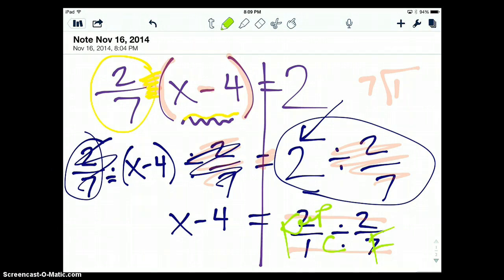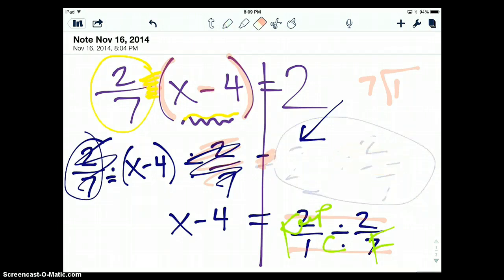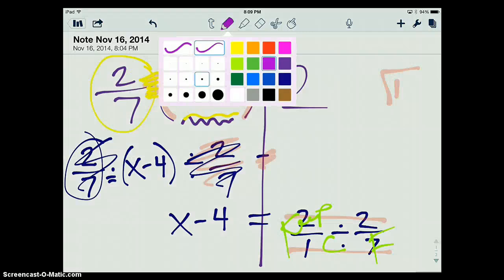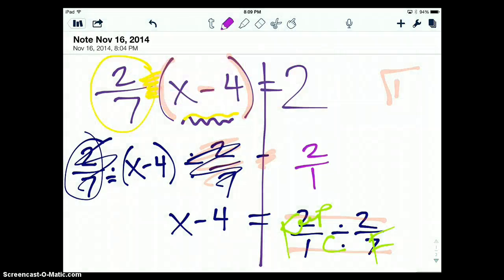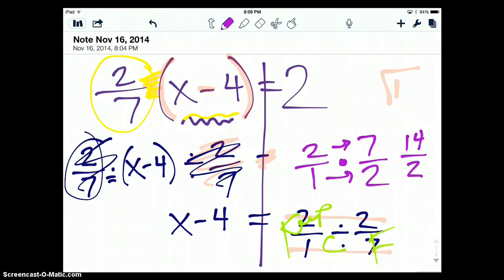Remember that? So I'm going to do it just right here, since I have some room, since I erased. So I'm going to keep 2/1, change it to multiplication, and flip, take the reciprocal of that other fraction. So now when I multiply across, I will get 14/2, which is improper.